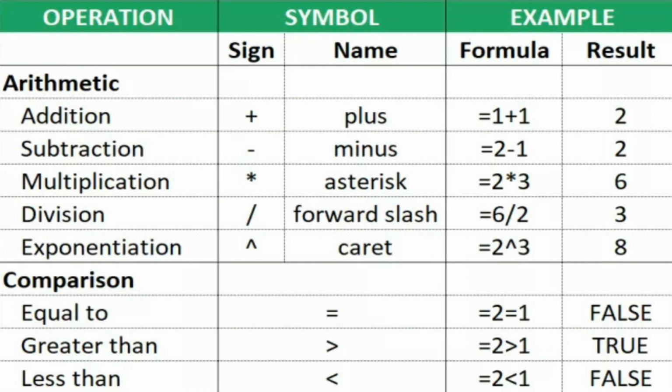The asterisk symbol means to multiply. The slash symbol means divide. Hope you understand. The caret symbol means to raise to the power of, and the percent symbol means divide by 100.